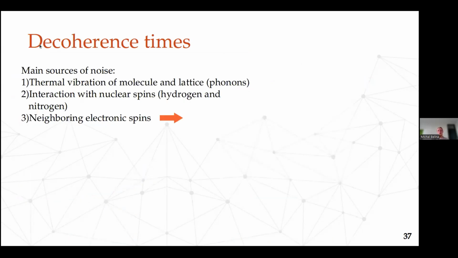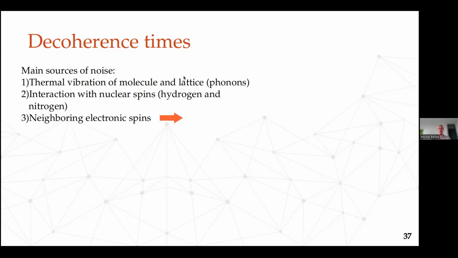I would like to address one of the criteria shown before, and it's the coherence times. It's the stability of the qubits, and the main sources of noise that can lower these decoherence times are, first, the thermal vibration of everything that surrounds the qubit, the physical realization, or the molecule.